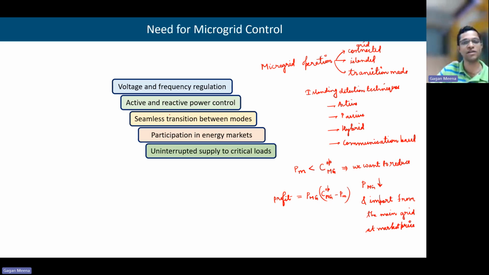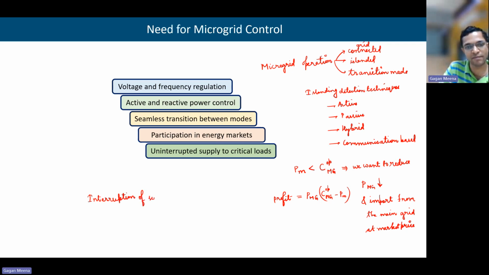And then we also need uninterrupted supply to critical loads. We don't want to shed these critical loads. Even in the case of islanding, right?